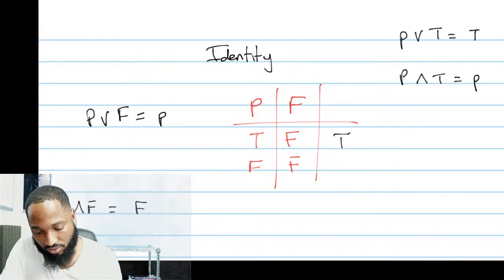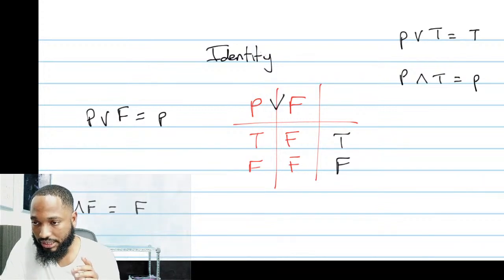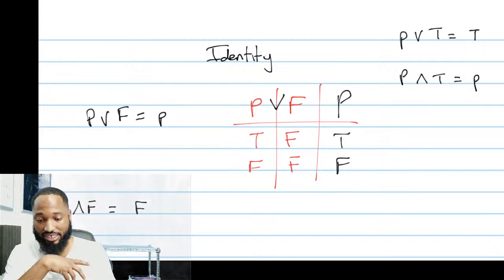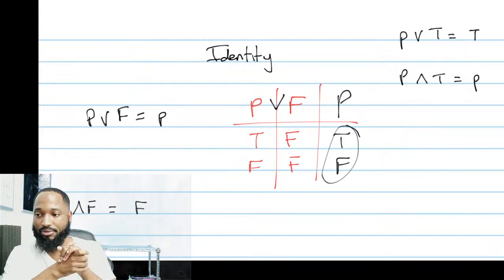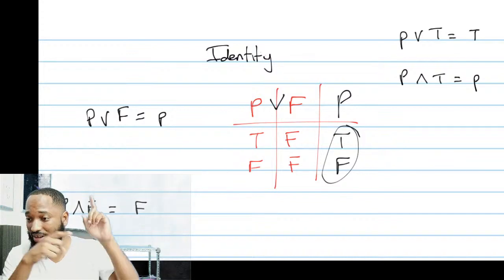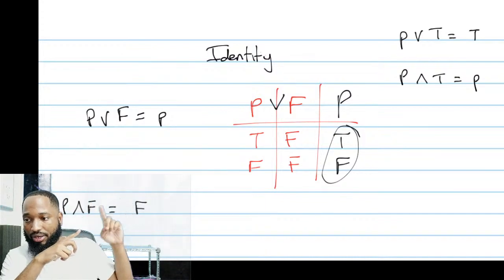This is true. There's no true here, so this is false. So P or false is P. That is P back again. You understand how that works? You can verify all of these that same way.